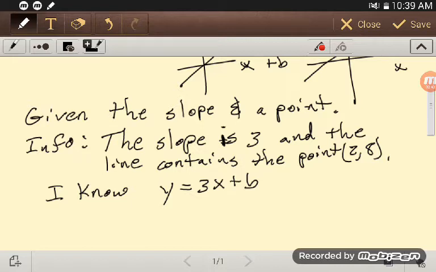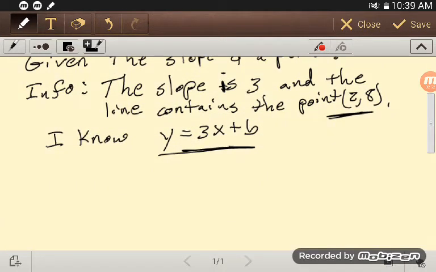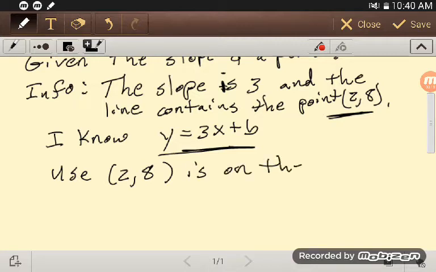Now the other thing I know is this point, but the key is this algebra here has to work for every point on the line. If a point somewhere in the Cartesian coordinate system does not make this equation work, it can't be on the line. And so we're going to use that. We're going to use that (2, 8) is on the line.